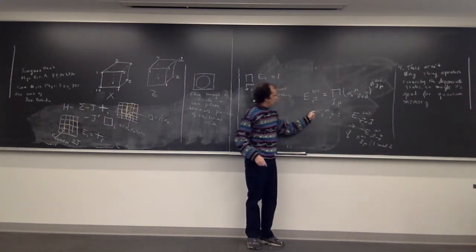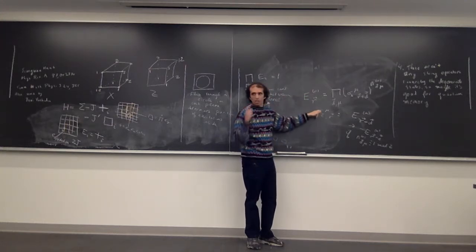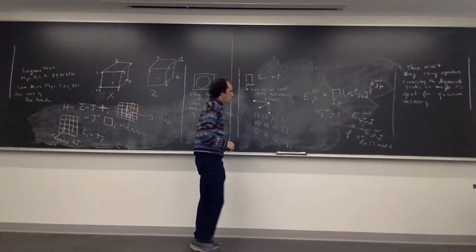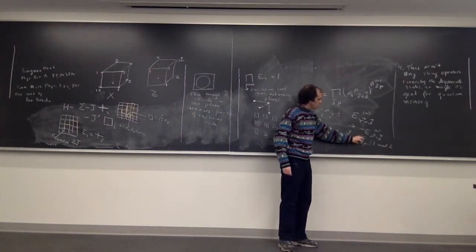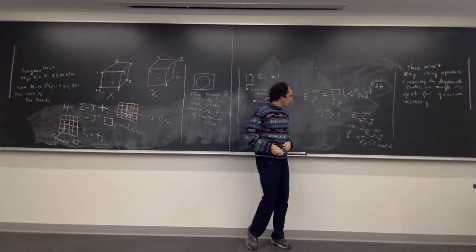To say it in English, it'll flip any term which includes the corresponding sigma x. So if I look at these n's as a function of d, it gives me a pattern in space which describes which of the vertices, which of the cubes, are going to flip side.